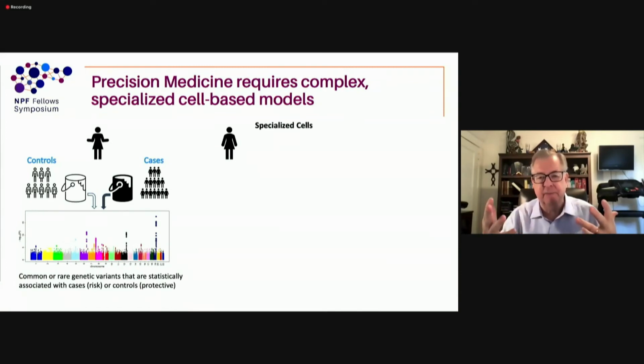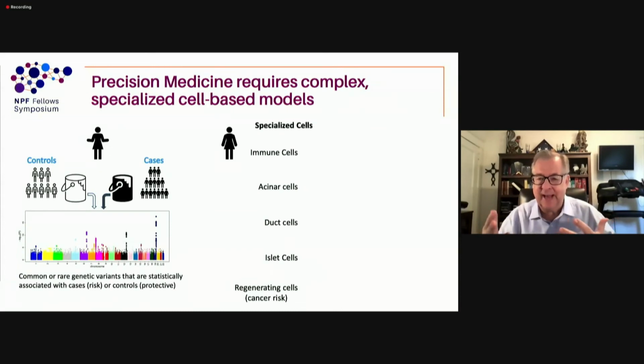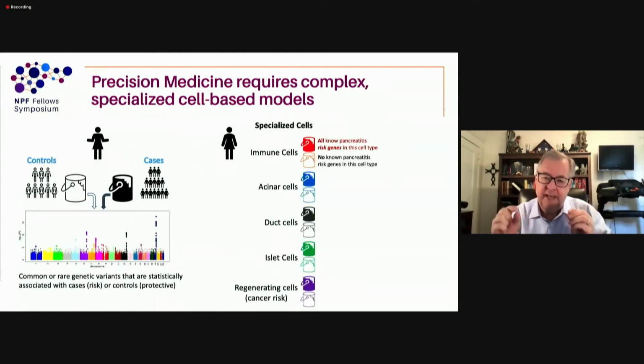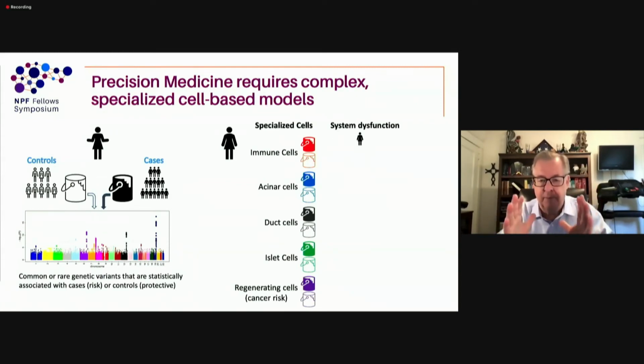And as I mentioned before, there are different specialized cells that may be inflammatory cells, acinar cells, duct cells. Each of them are different machines, and they work together in different combinations. And so we can put the variants that are in each of these cells into either risk or non-risk and try to use a model of each individual case.